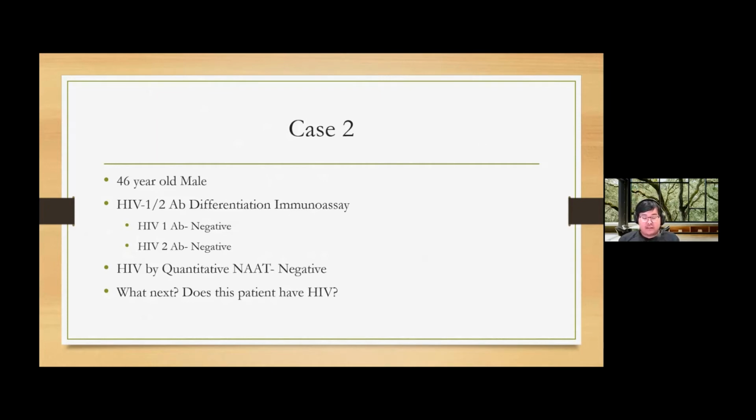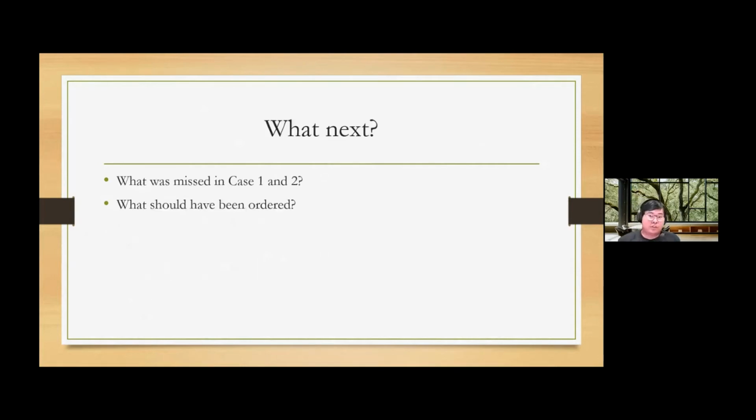The question the clinician posed to us was, what's next? Does this patient have HIV? We'll talk about what was missed in cases 1 and 2, where they misordered, what should have been done, and how to manage HIV testing in patients.